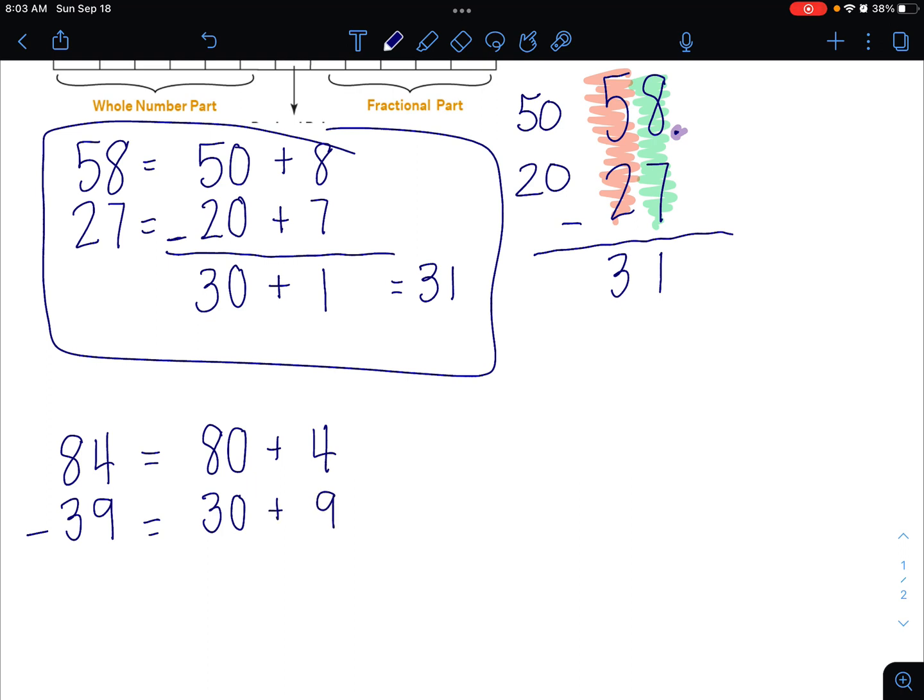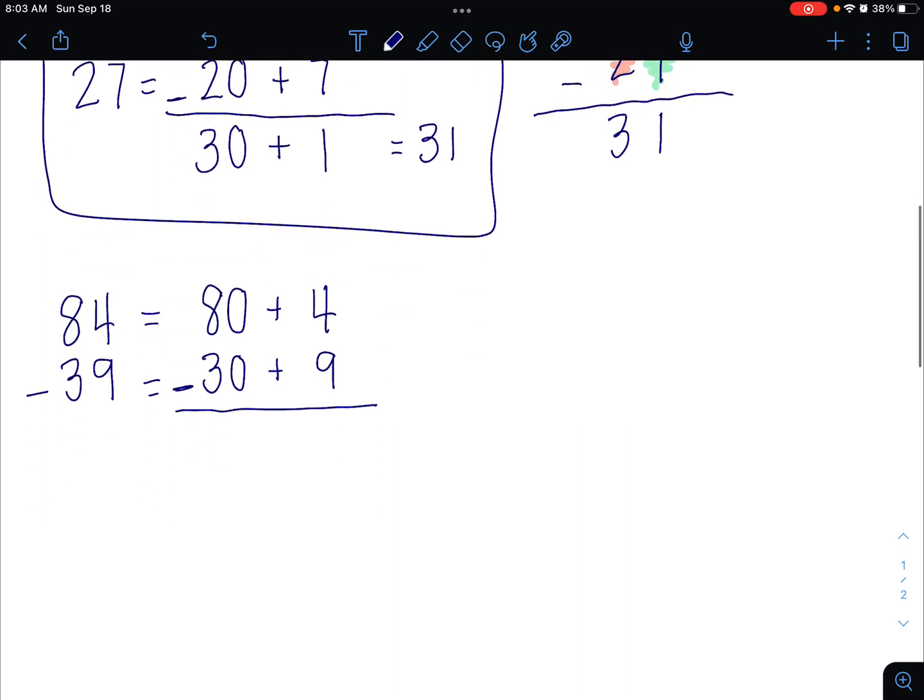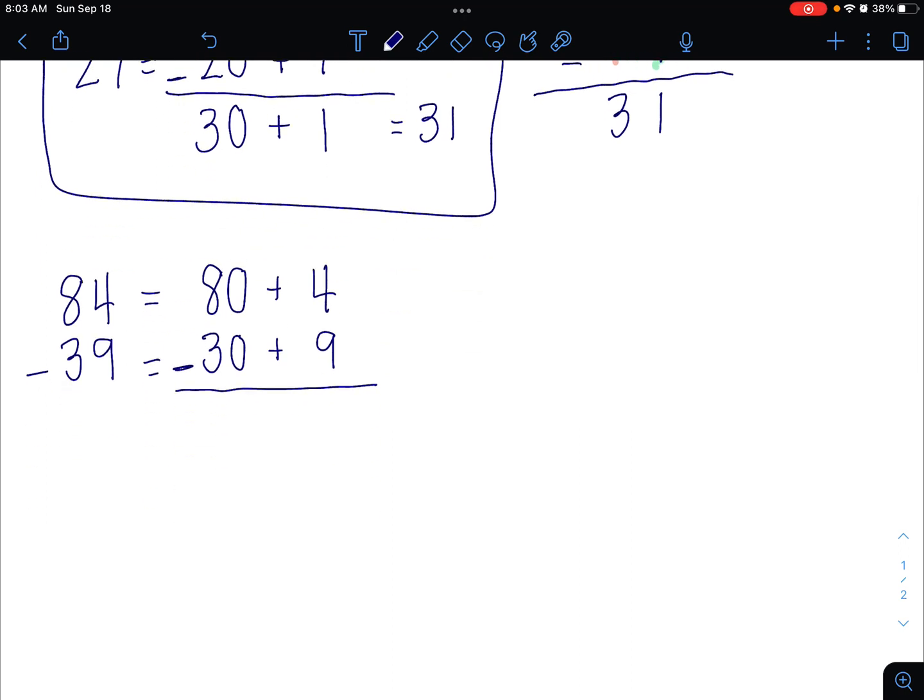plus 9. Now remember, we're subtracting. So even though it says plus in between there, that's okay. We are really subtracting these numbers. So 4 minus 9. Now, if you are 7th grade or above and you have been talking about integers, this should make sense. We can use integers here.